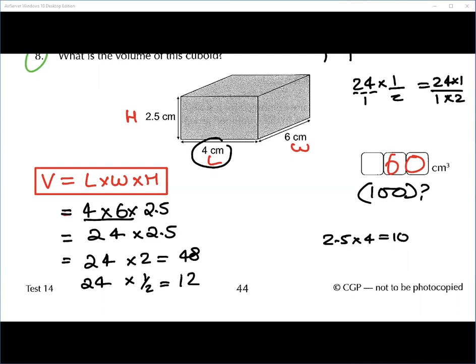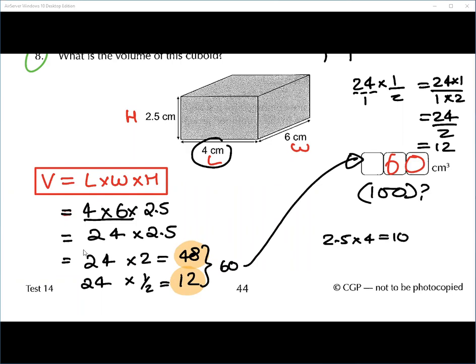Isn't it going to be the same as dividing by 2? It's the same thing, isn't it? Yeah. What are you so shocked for? When you multiply anything by a half, you're dividing it by 2. So what are those two added together? 60. Done. Straightforward stuff. Length times by width times by height.